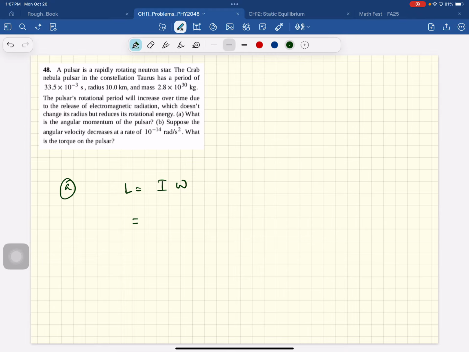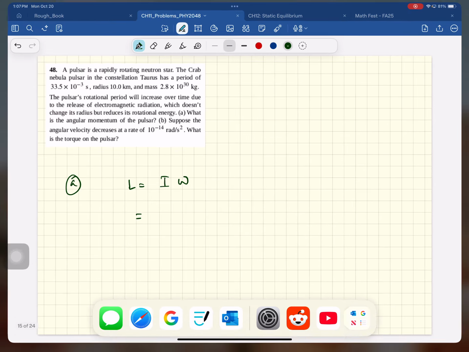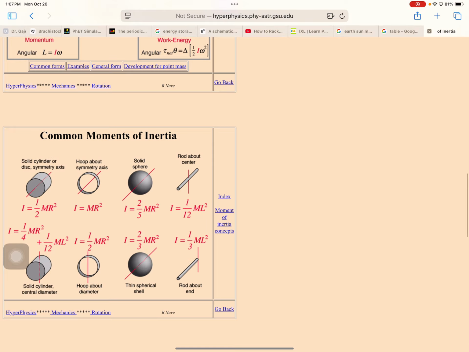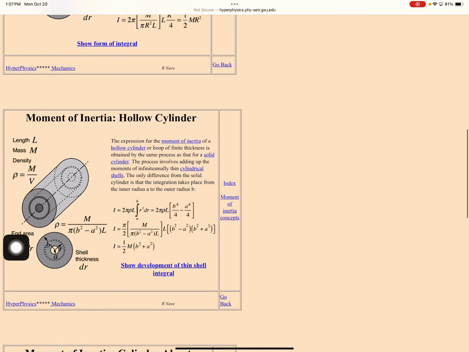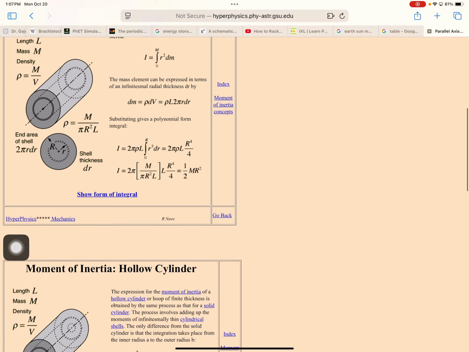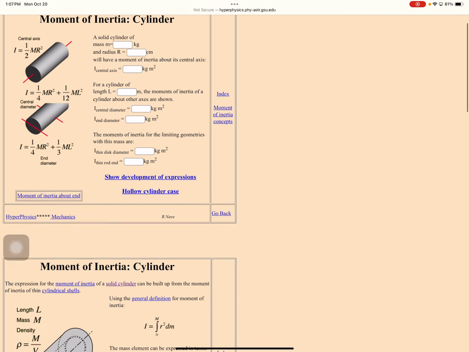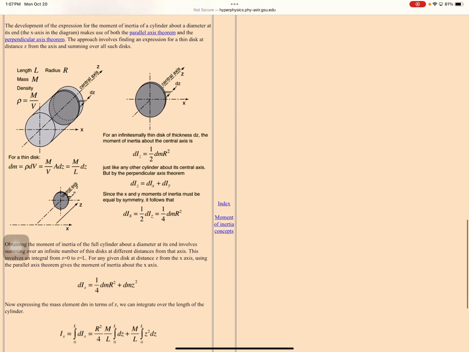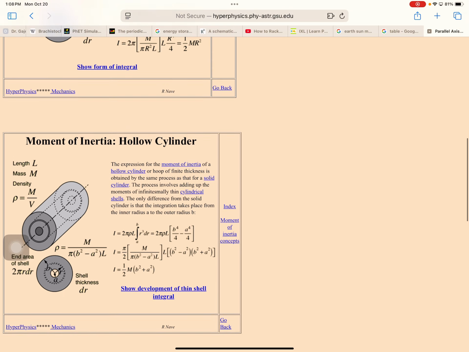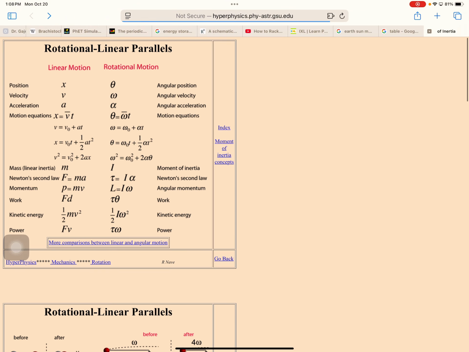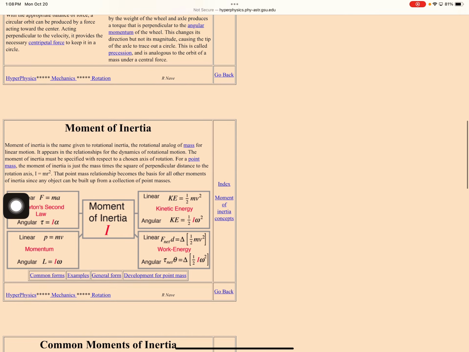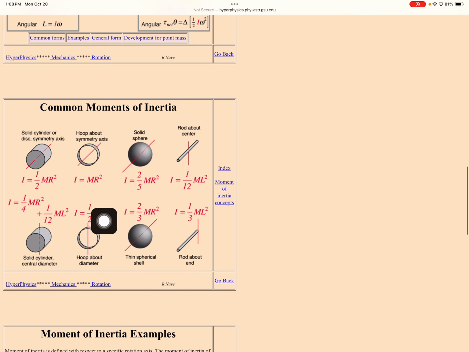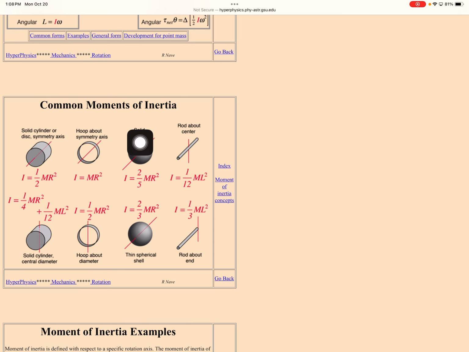And for a solid sphere, the moment of inertia is 2/5 mr squared.